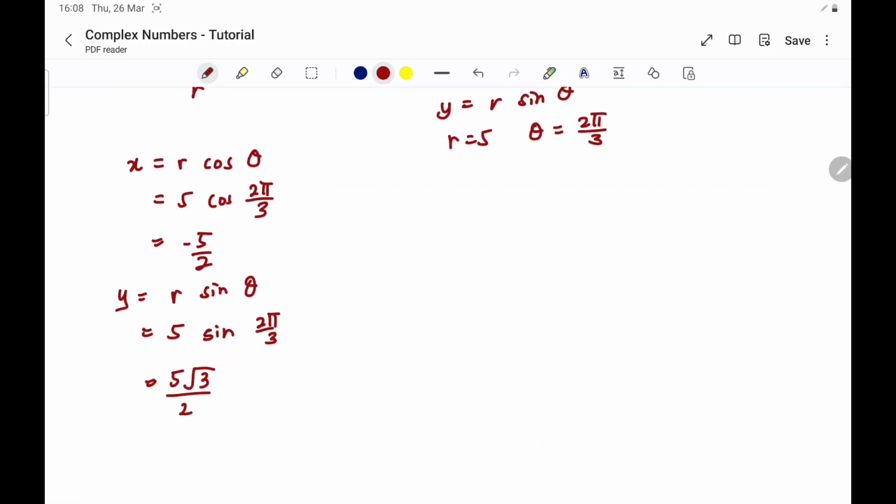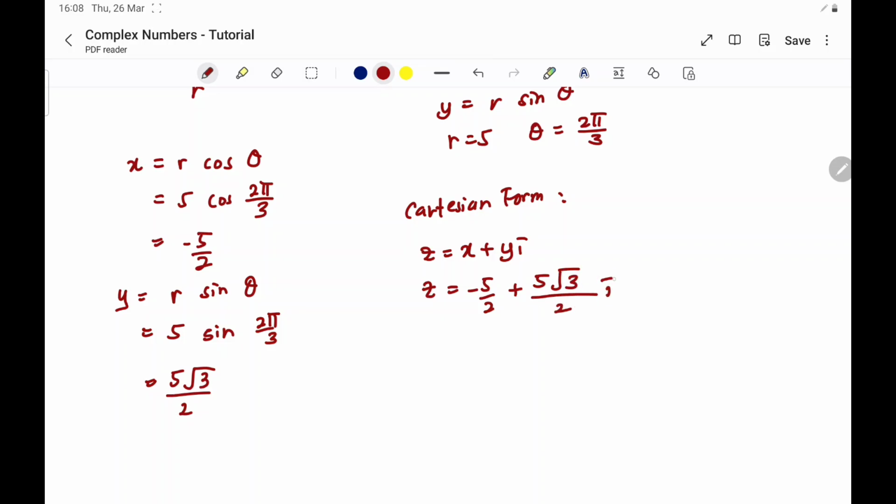Okay, from here you can substitute inside Cartesian form, which is z is equal to x plus yi. So substitute x inside, negative 5 over 2, plus y, 5 square root 3 over 2 i.